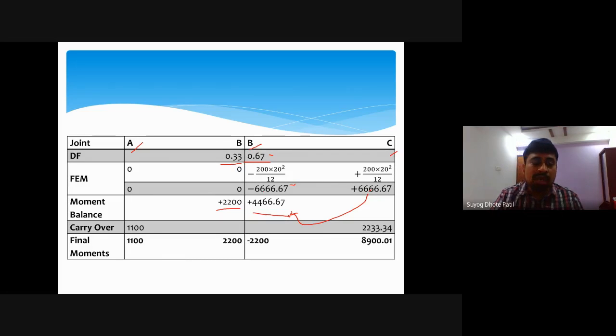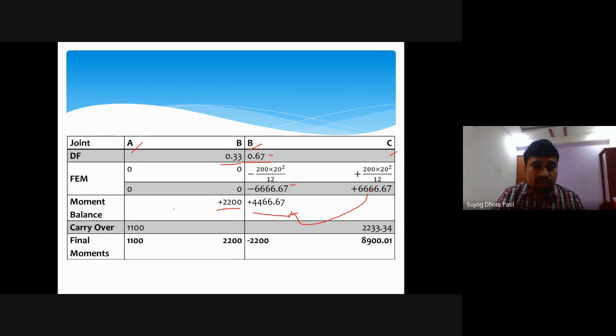Now again, we have seen that if the further joint is fixed, then half of the moment will be transferred to the fixed support as carryover moment. But if the further joint is hinged, then half of the moment will not be transferred, it will be 0.